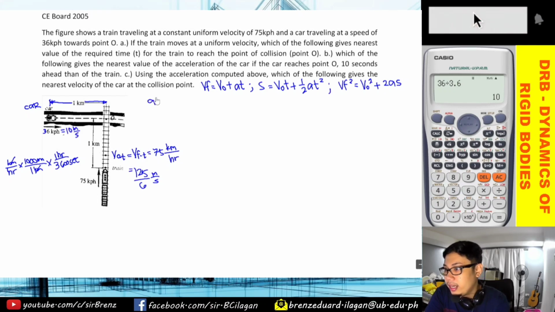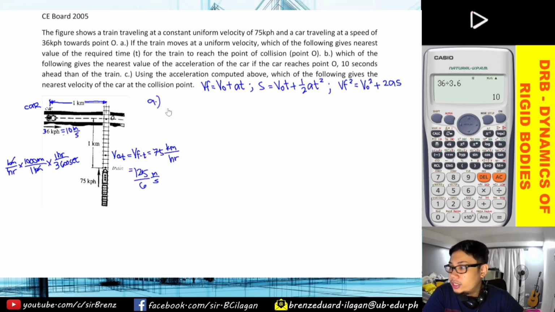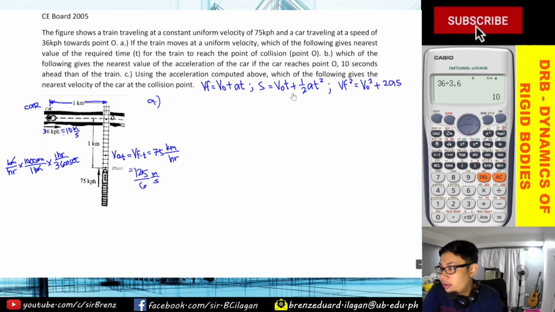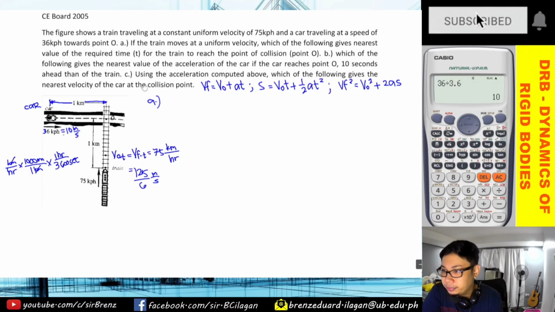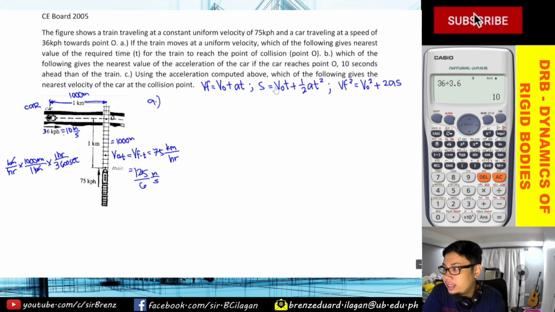Alright, so for letter A, ayun nga, if the train moves at a constant velocity, which of the following gives the nearest value of the time t for the train to reach the point of collision? So, between these three equations, alin kaya dyan yung magandang gamitin? So I think itong second one, kasi given naman yung kanyang distance, which is 1 kilometer or 1,000 meter. So gamitin natin yung pangalawang equation.